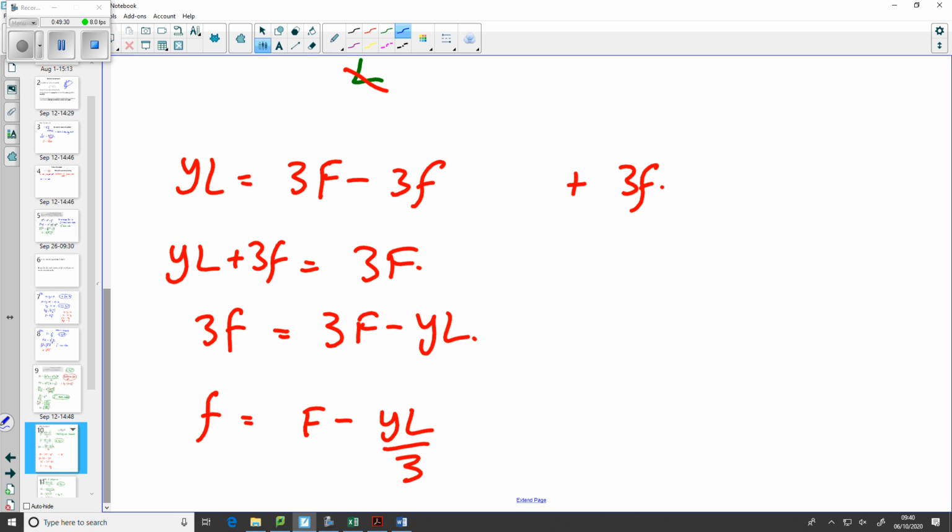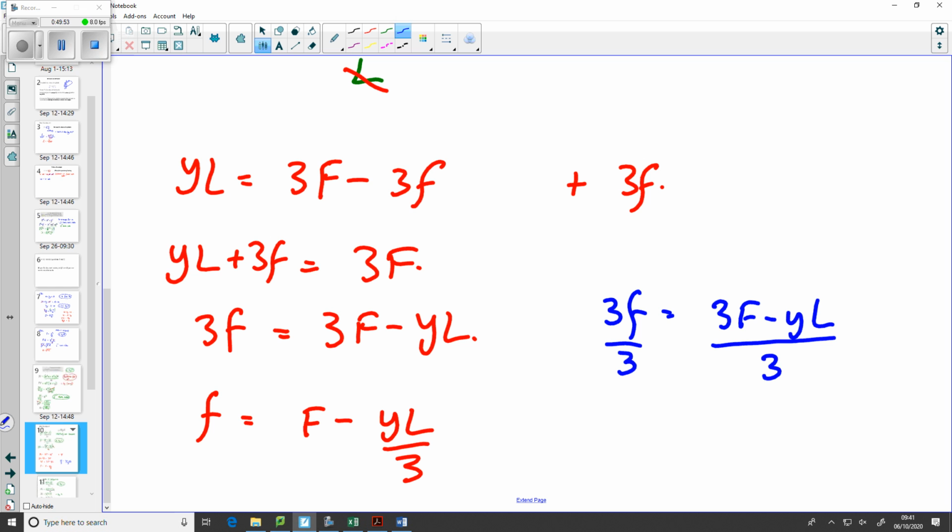If you write that out in full, Lewis, we've got 3f, that's equal to, so we're dividing that by 3. What you're saying is it's 3f minus YL all divided by 3? Yes, it is.